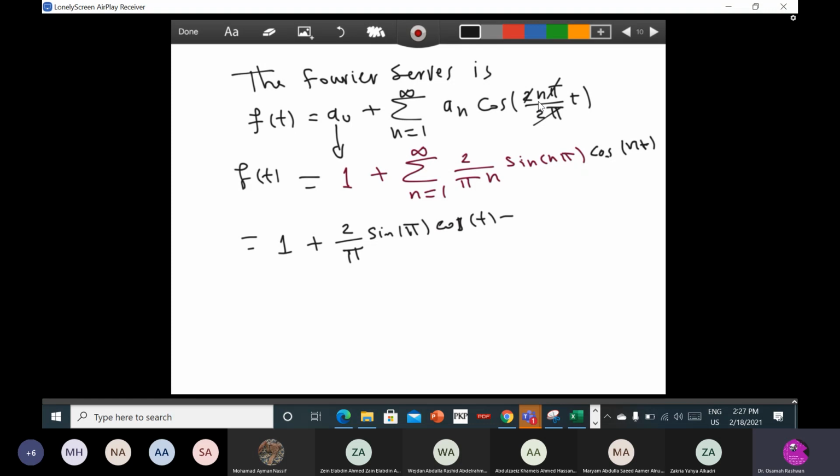If you put n equal to 2, the 2 will be cancelled and you have sine, sorry, 2 by cosine 2t, right?